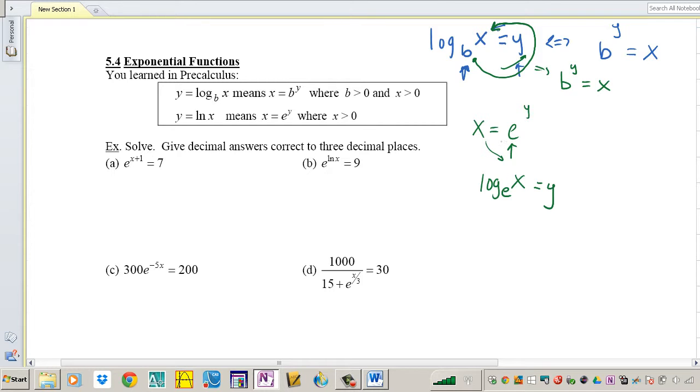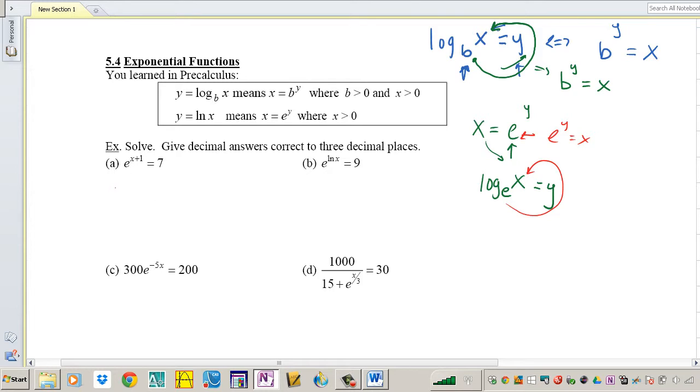If you want to double check, sometimes it's harder to go backwards like I just did, so one way to check is to go like this and see if that equals e to the y equals x, and it does. They're both the same.